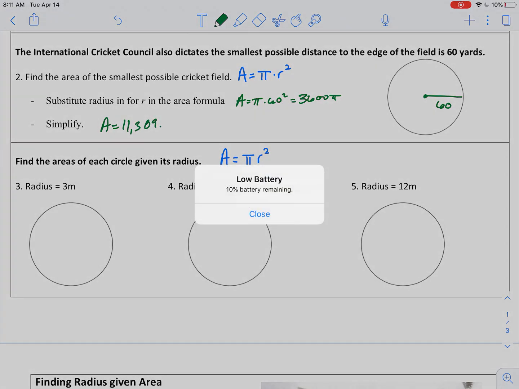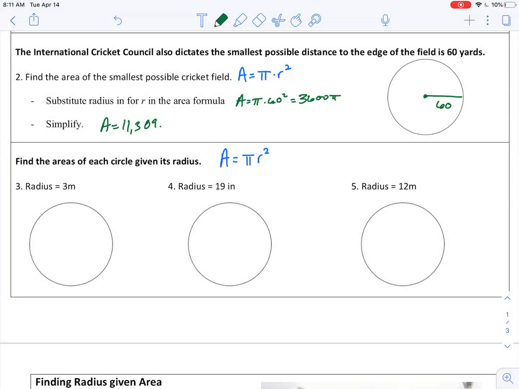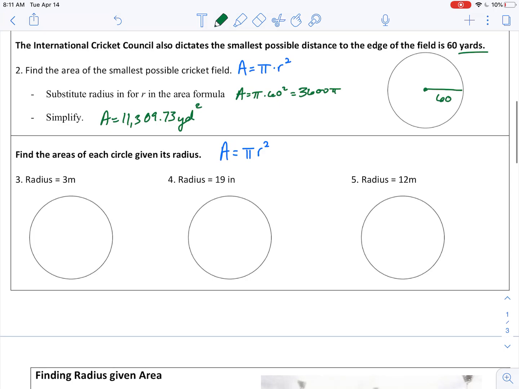Then if I type 3,600 times pi, or times 3.14 in a calculator, then I'll get my area is 11,309 point, and let's just round to the nearest hundredth, 0.73 yards. And that's square yards.